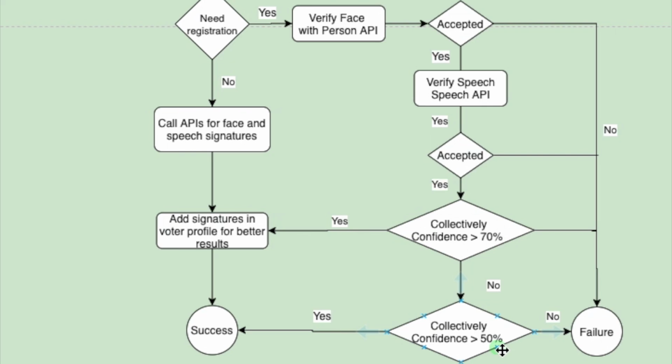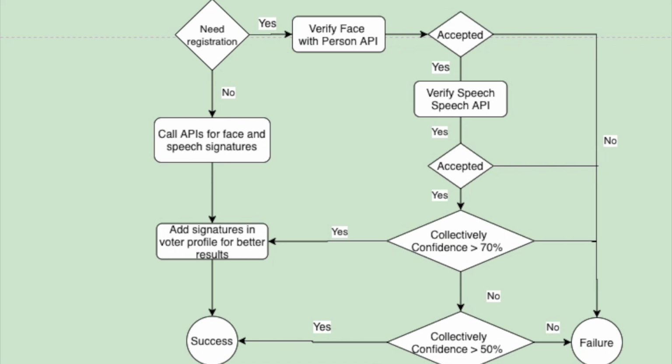So all of these collectively make 11 API calls for this registration and authentication process, and it makes it a robust solution for authentication.